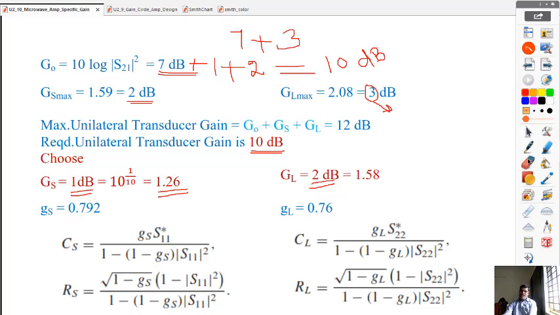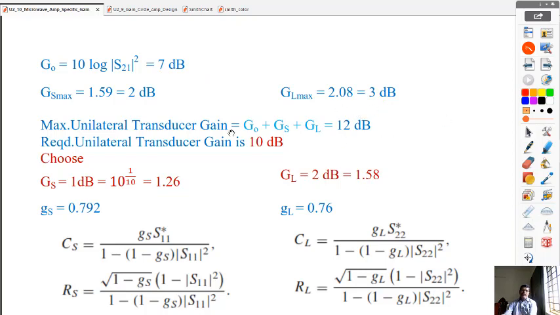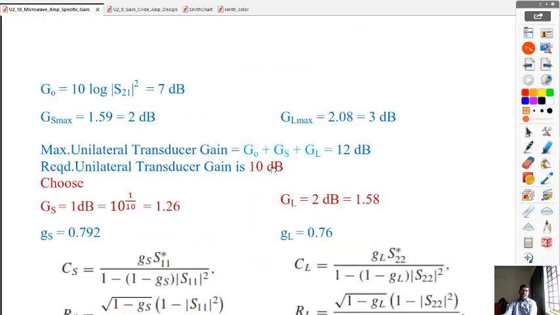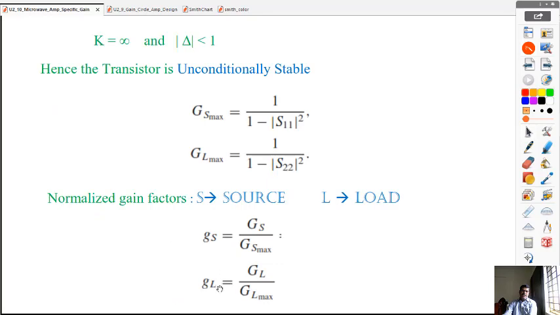Once we choose the GS and GL value, the next step is we have to compute the normalized GS and GL. The normalized GS equals the GS value that we have chosen now, divided by GS maximum. The GS maximum is obtained from this expression.